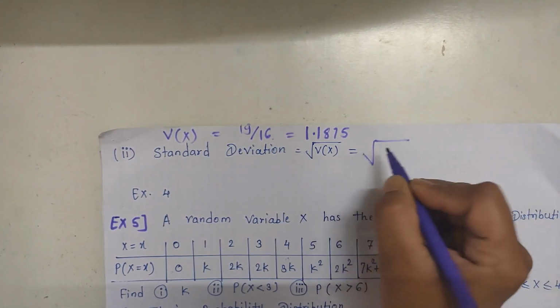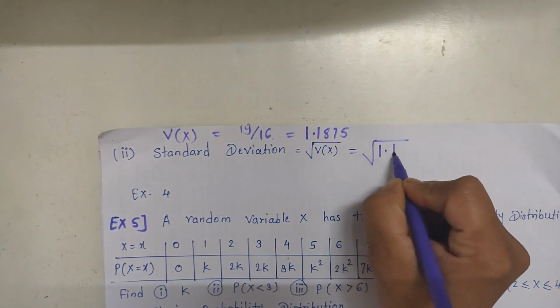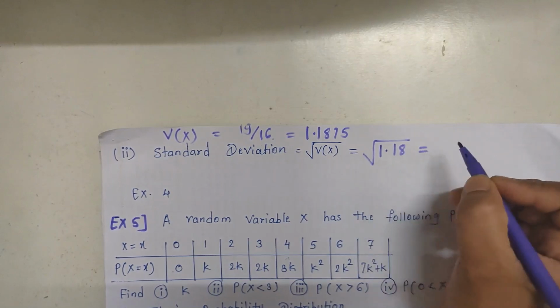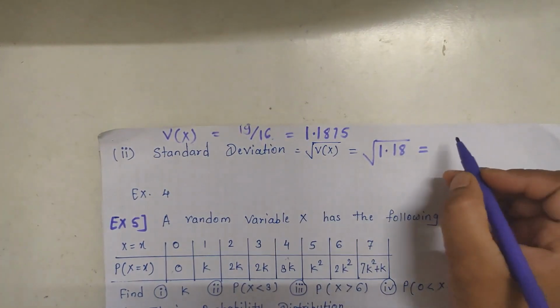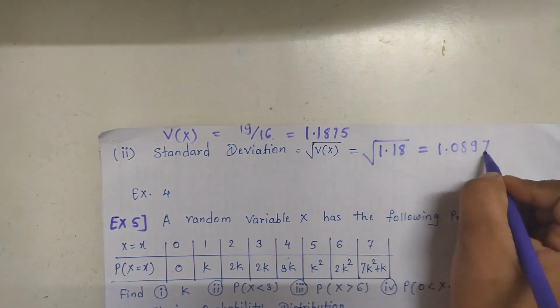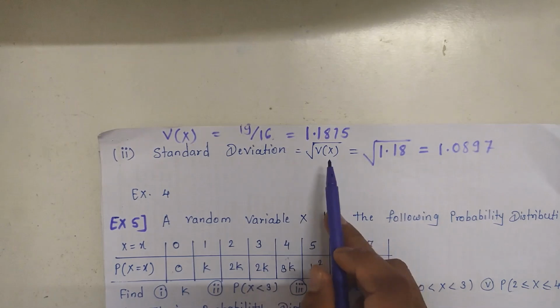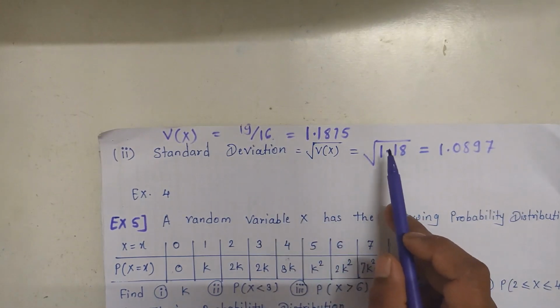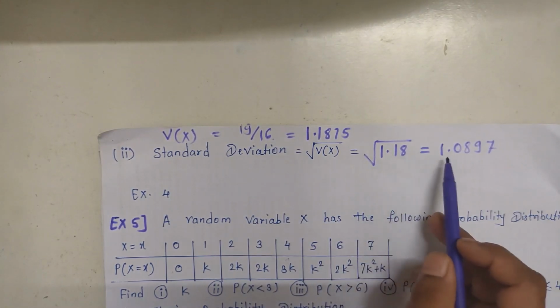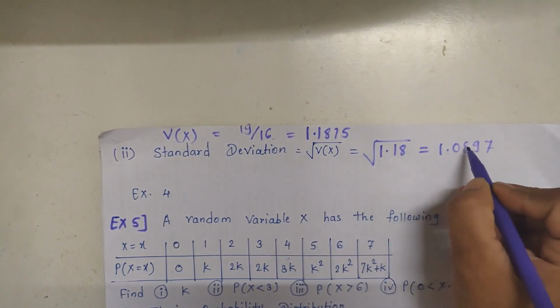So in the square root, variance of x is 1.18, and the square root of 1.18 is 1.0897. So the standard deviation is equal to the square root of variance of x, which is the square root of 1.18, equal to 1.0897.